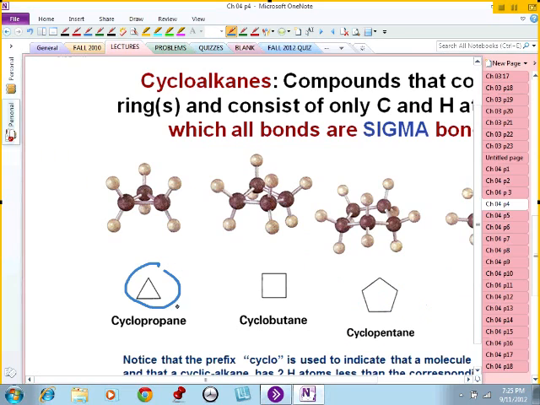Alkane with 3 carbon atoms, right? We call it cyclopropane. All you need to do is put the prefix cyclo in front of the name to get the name. This is a 3 carbon molecule called cyclopropane. 4 carbon cyclobutane, 5 carbon cyclopentane. If it is 6 carbon, what will you call it? Cyclohexane.